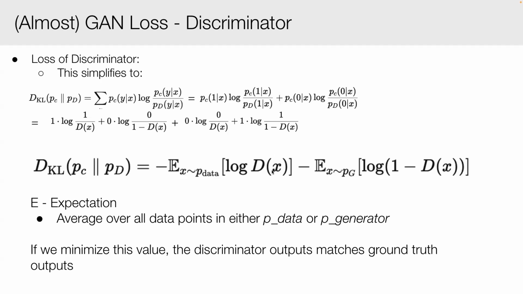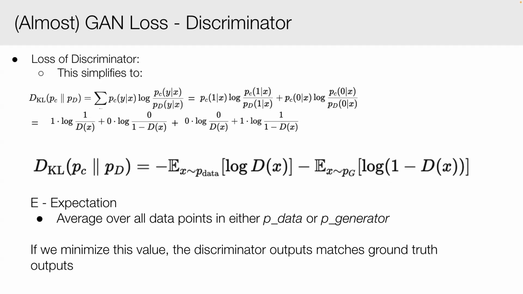So coincidentally, this formula is also identical to that of binary cross entropy. Remember how I said the discriminator's loss function is pretty much like binary cross entropy? Well, the KL divergence pretty much simplifies to that. So the expectation is just telling you to take the average across all images, right? So if you have 10 images, we're just taking the average across those log probabilities. Okay.